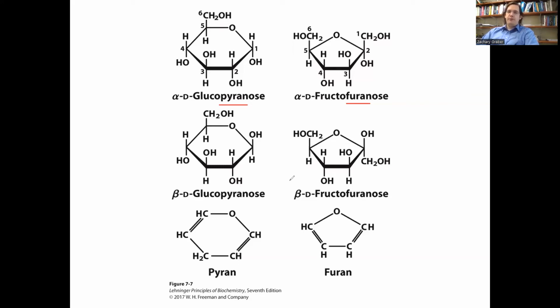But often we'll just refer to our cyclized glucose as just D-glucose because it can actually rearrange and go reversibly back and forth between our cyclized form and our linearized form. So we've added on 2 new components to our name here, our alpha or beta indicating what anomer we have, and then our name here at the end indicating what kind of ring this is, whether it's a 6-membered or a 5-membered ring.